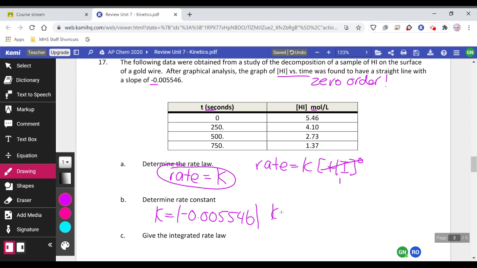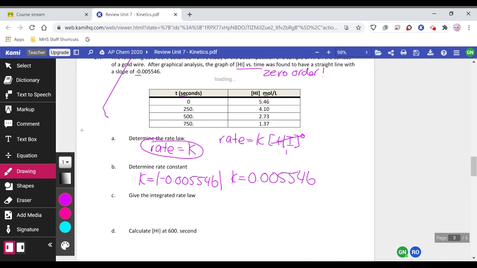And so our K is equal to 0.005546. And now units for K, since we are 0 order, we would be moles over liter, so mole liter to the -1, and we still have to put our seconds to the -1 on the end.